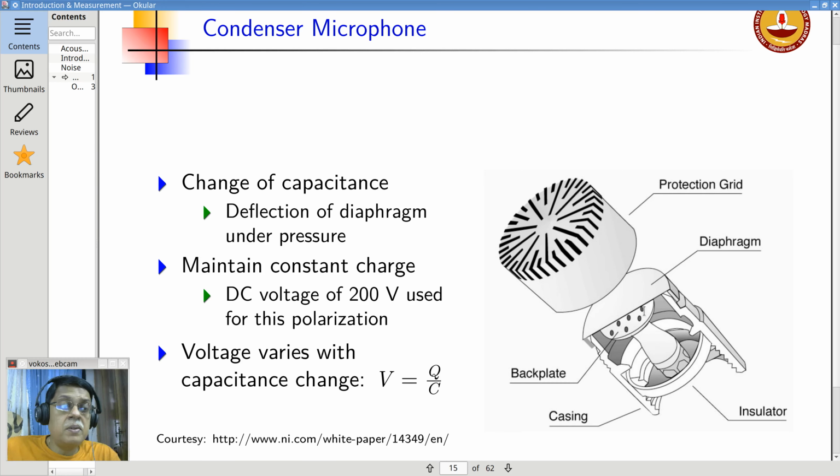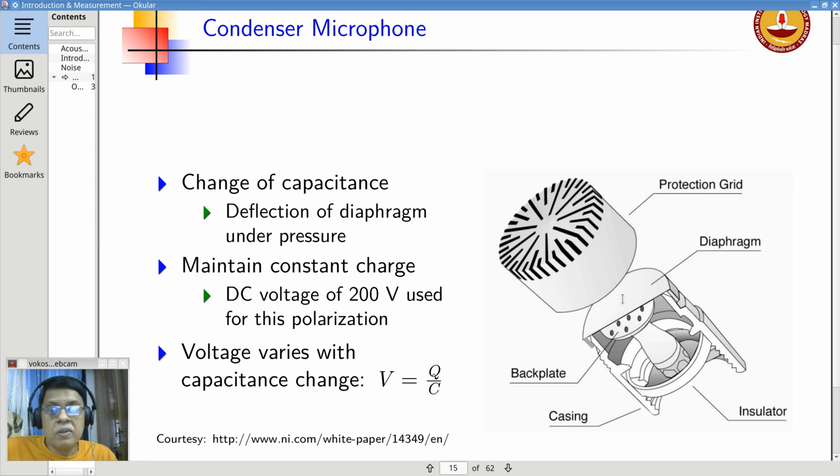The diaphragm acts as one of the capacitance plates. In a capacitance you have two plates, so the diaphragm acts as one plate, and you have a back plate behind the diaphragm. All right. So this is the construction.